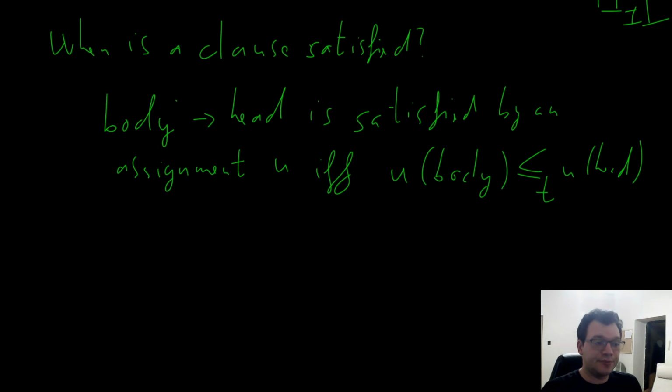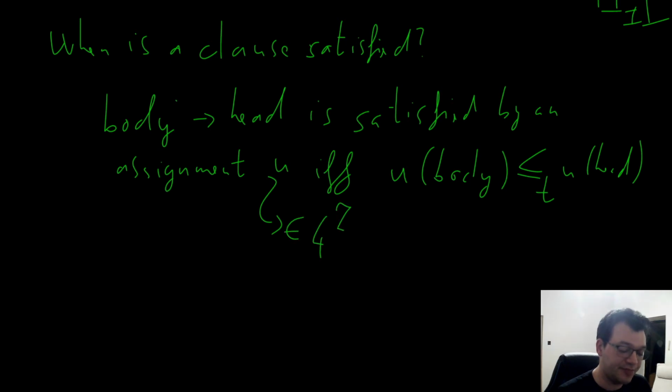So right now the assignment of U is just a number of 4 to this head.